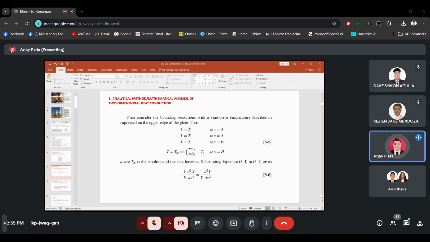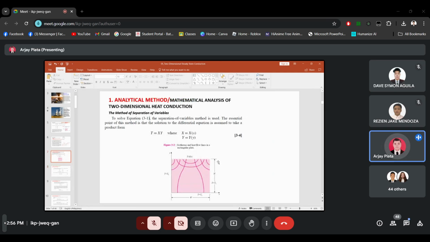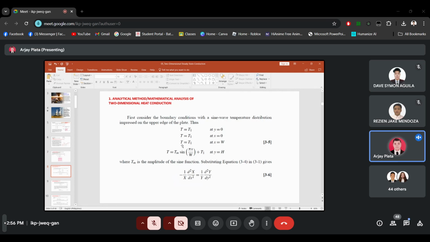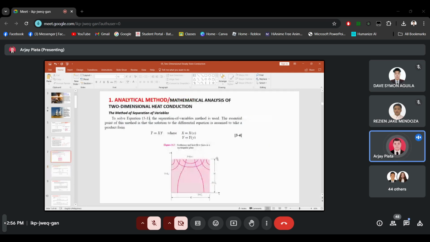And then, yeah, we have here the formula T equals Tm sine pi x over W plus T1 at y equals H. So at y equals H, this one, you have a different value of T. So that is what we call T equals f of x.